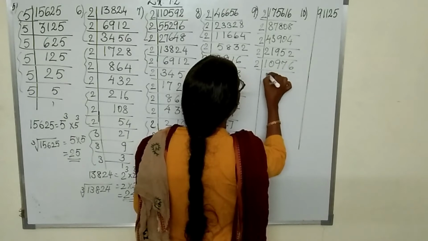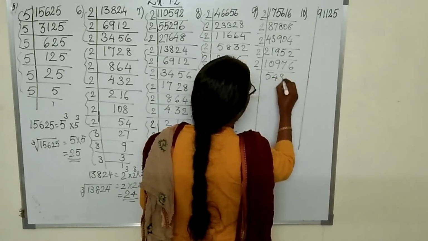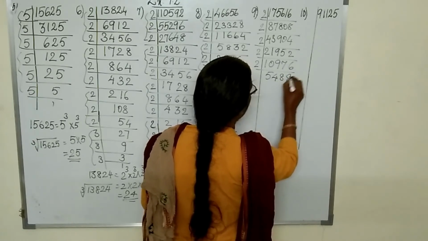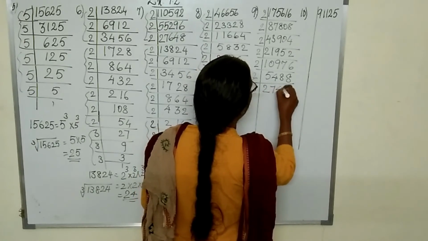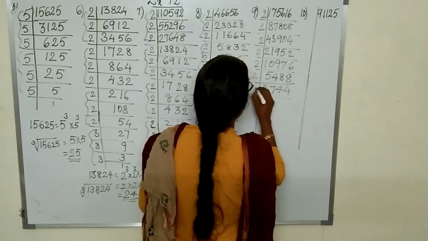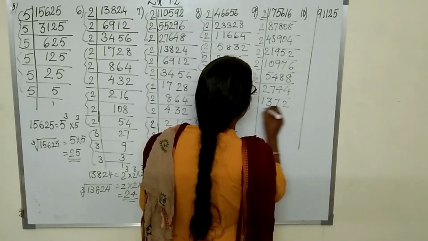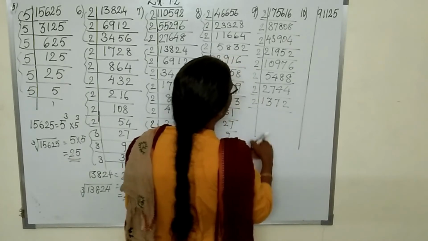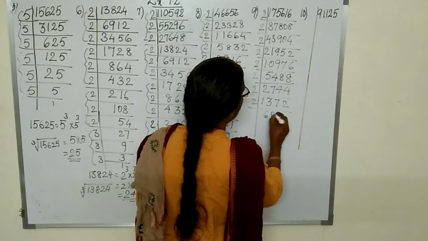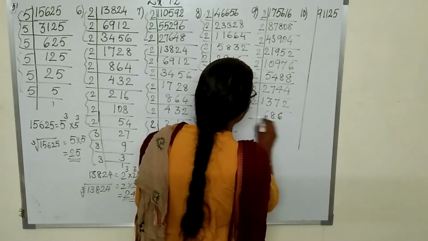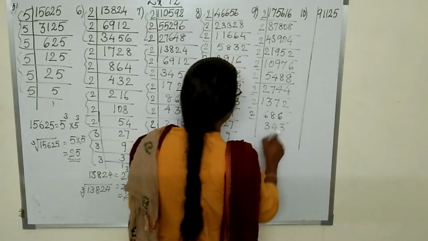By 2 again 5 4 8 8. Again by 2, 2 7 4 4. Again by 2, 1 3 7 2. Again by 2, 6 8 6. By 2, 3 4 3.